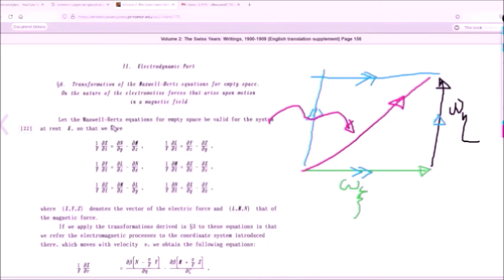Let the Maxwell-Hertz equations for empty space be valid for the system at rest, capital K. These are the Maxwell-Hertz equations, where 1 over c, the speed of light, times the rate of change of X, the rate of change of Y, the rate of change of Z, equals some differentials.